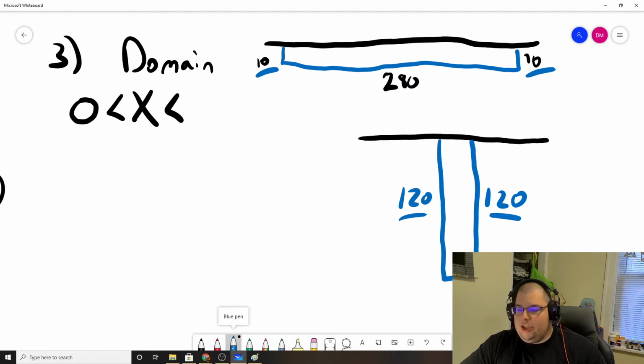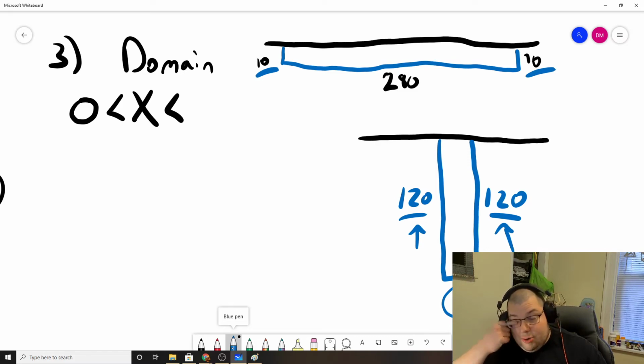So the largest it could be would be the way to make this the smallest, but to use an even amount on each side. So I'm using two x's each time.